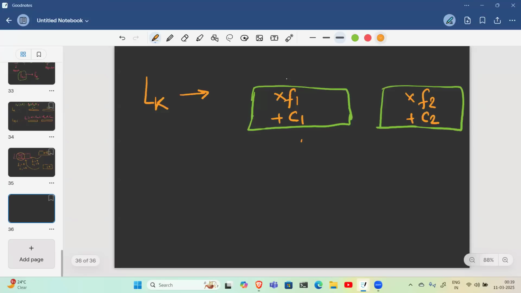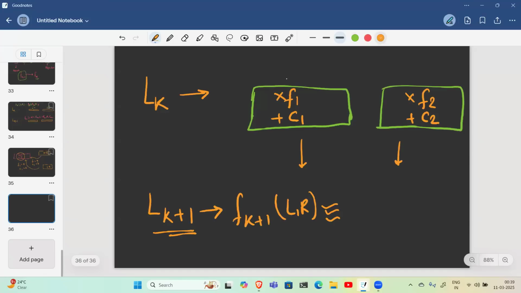Then some people will come out, and finally they will enter this lk plus 1th level. For this lk plus 1th level, the function f k plus 1 of L comma R, which basically means the coefficients a k plus 1, b k plus 1, c k plus 1, is already known.